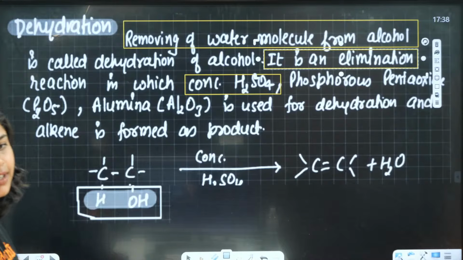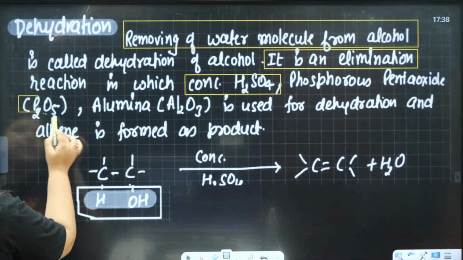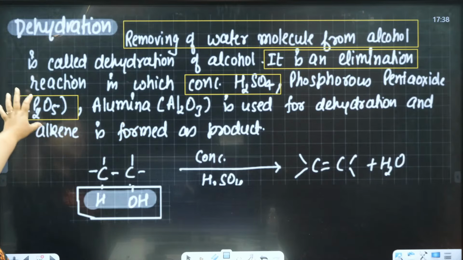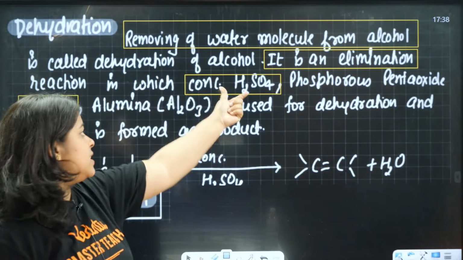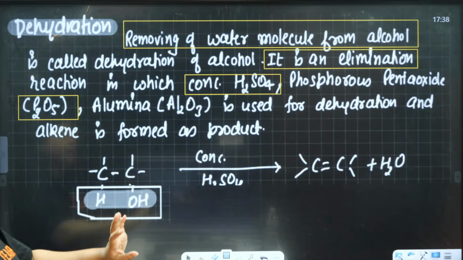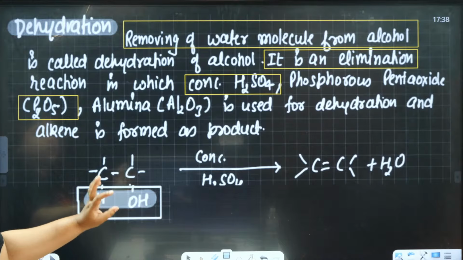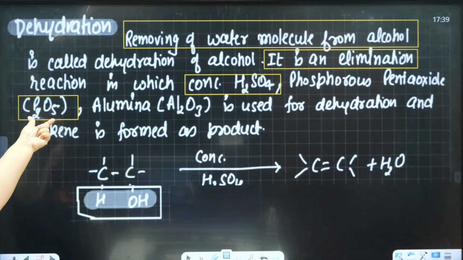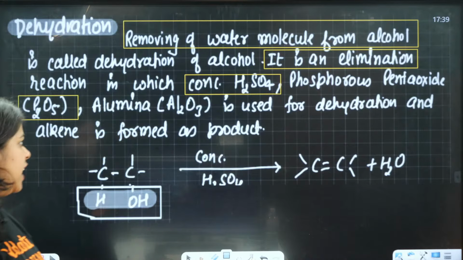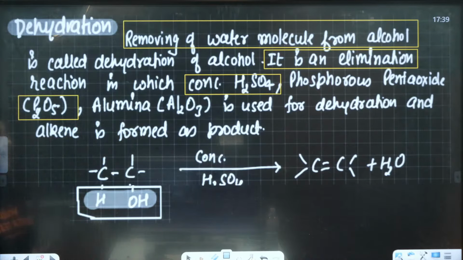In an elimination reaction, I'll mark it, what is going to happen with the help of P2O5? Concentrated H2SO4, phosphorus pentoxide P2O5, alumina Al2O3 are used for the dehydration, and alkene is going to form as a product. This is how the product is formed.